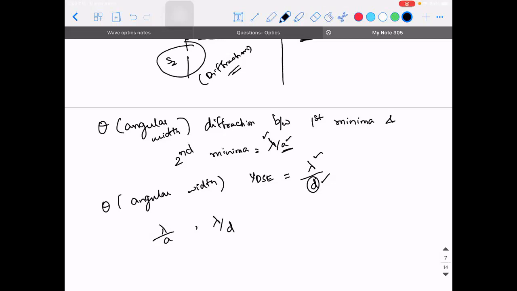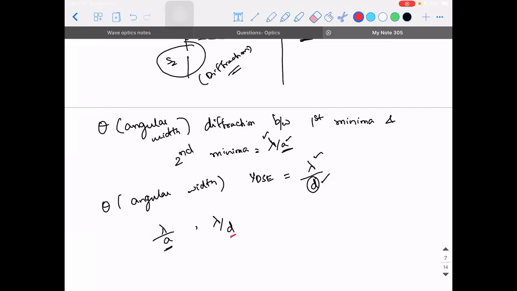So for that to happen, look, here a is in the denominator, here d is in the denominator. Which one will be less and which one will be more? d should be more. Lambda by a will be more because the denominator is less, and lambda by d is less because the denominator is more.